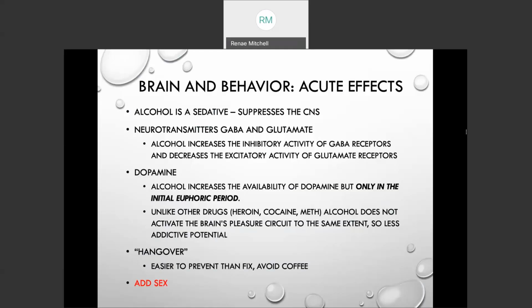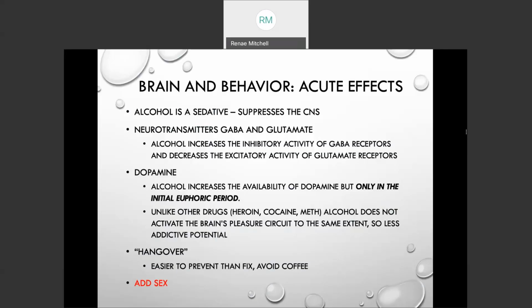And so you lose that concentration of sensation related to dopamine because it's lost to this global effect that alcohol is having on the body. So it doesn't stimulate that pleasure circuit the way other drugs do. And so to some degree, alcohol has less addictive potential than drugs like heroin, cocaine, or methamphetamine, which we'll talk about later.